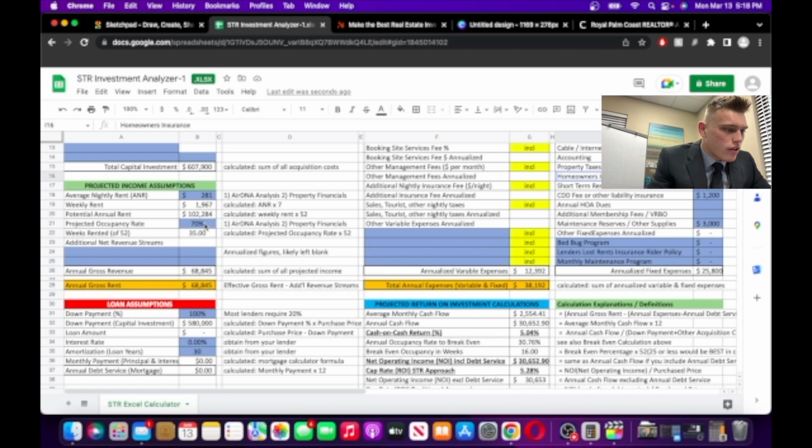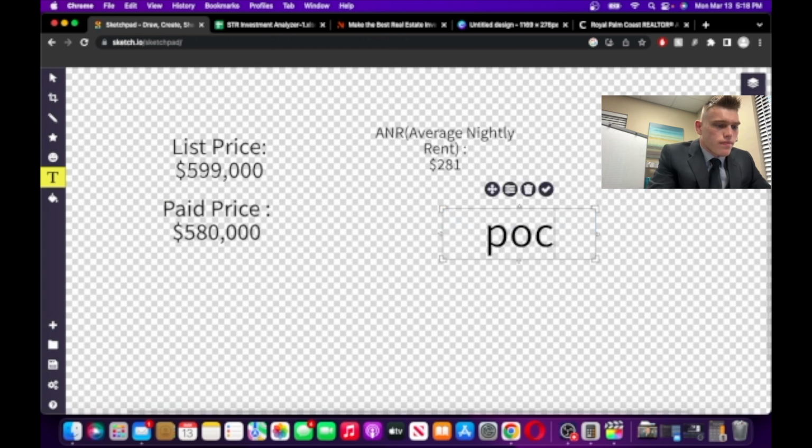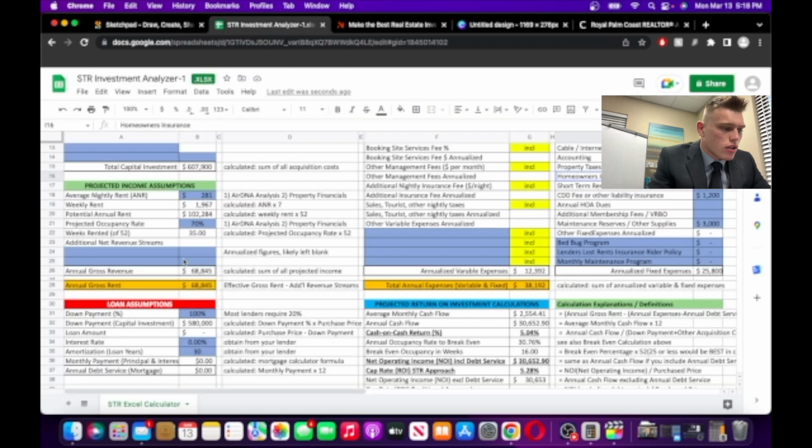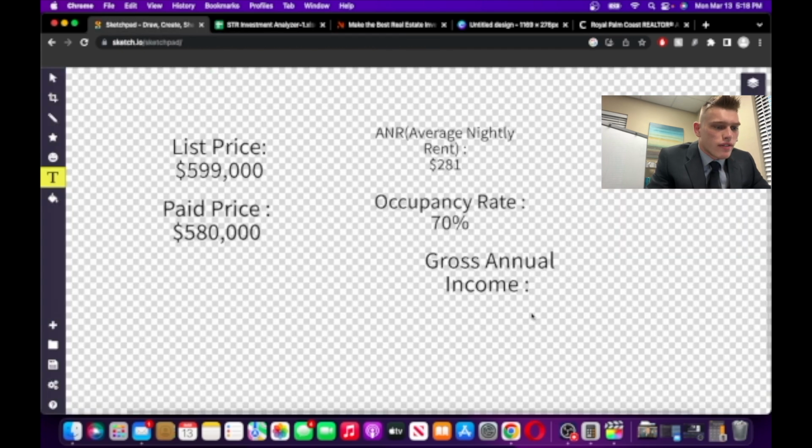We have a 70% occupancy rate, so that gives us a gross annual income of $68,845.